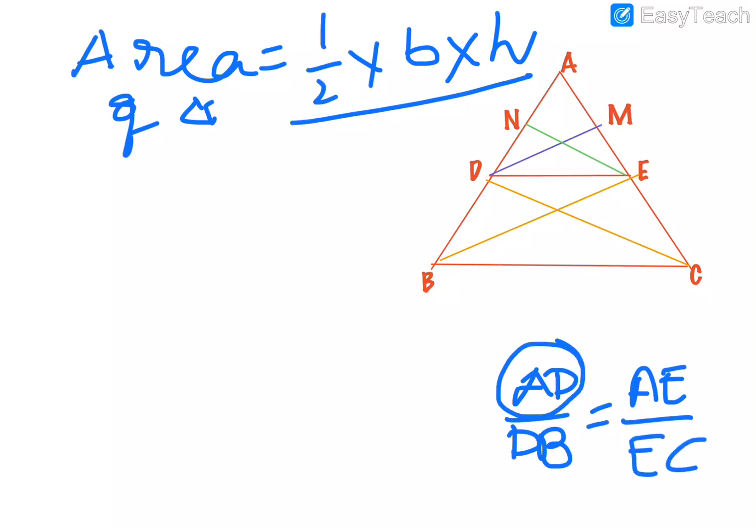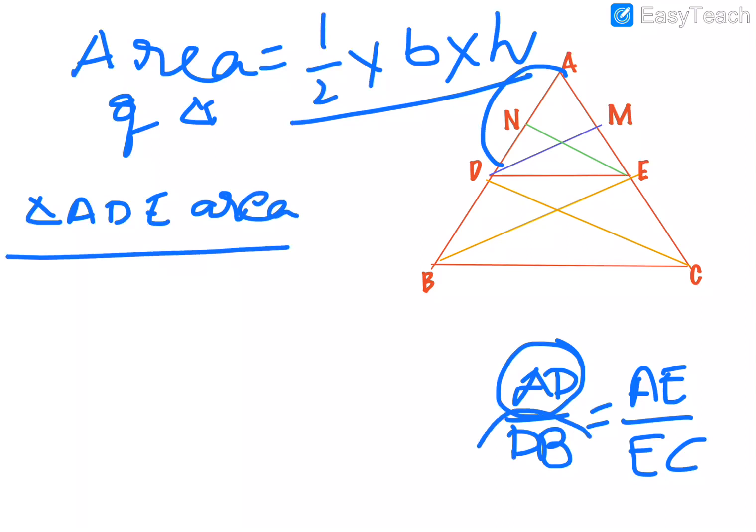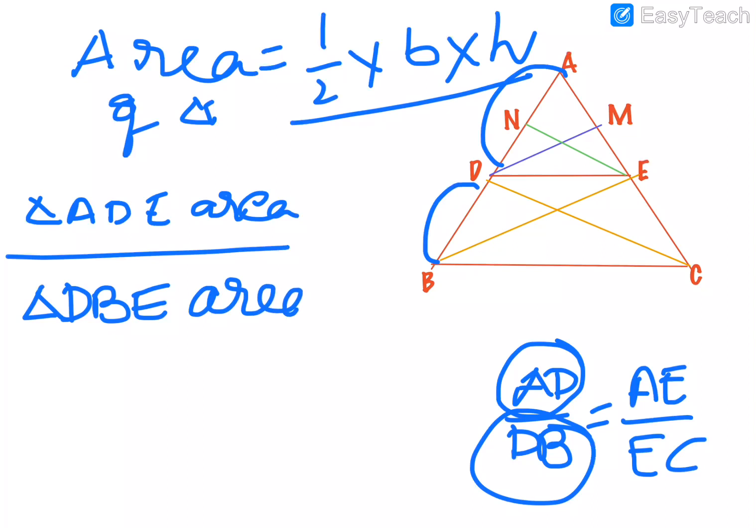So let's take some triangle which has AD as base, let's take the triangle ADE. So triangle ADE area by, now wait, let's take a triangle which has DB as base. So what is having DB as base? Triangle DBE area.